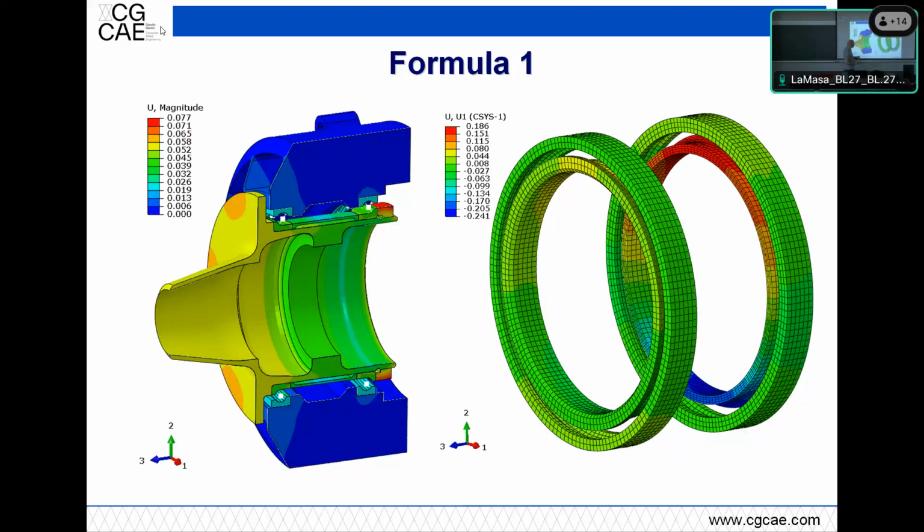But if you look here, the inner roller of the inboard bearing, this is inboard and this is outboard, you see the radial displacement, you have almost 0.2 positive and more than 0.2 negative. So you have almost half a mil of deformation there. And clearly this is coming also from the fact that the hub here might be too thin. So increasing this will also help reducing the deformation on the rollers.